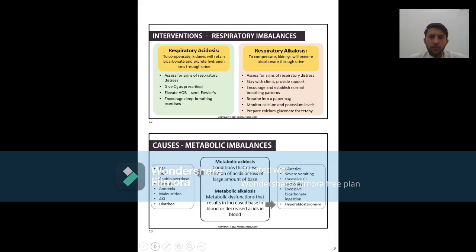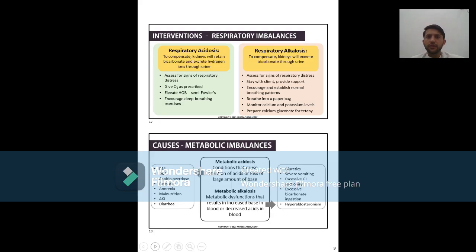We have to provide oxygen as prescribed because in respiratory acidosis hypoxia is common. We keep the head of the bed elevated in a semi-Fowler's position to give the lungs space to easily inhale and exhale. Encourage the patient to do deep breathing to exhale CO2.